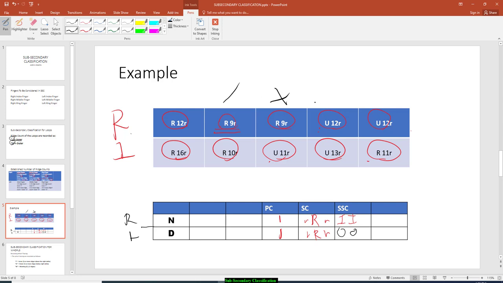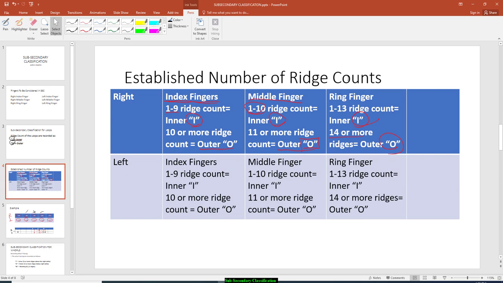Let us move to the ring finger. Let us go back to the bracket again. We have the ring finger. So 1 to 13 ridges will be inner with capital letter I. 14 or more ridges will be outer.